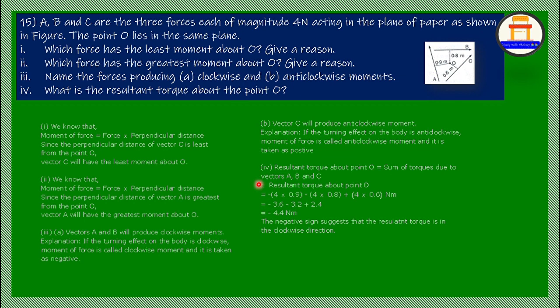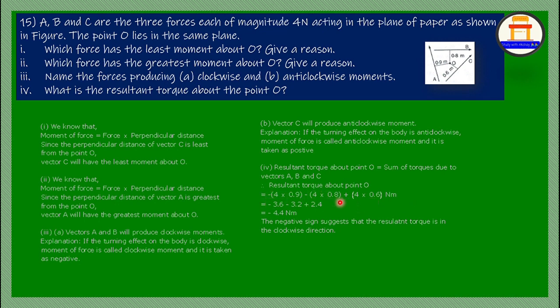Sum of moment of force, basically, the resultant torque will be minus 4 into 0.9 minus 4 into 0.8 plus 4 into 0.6. Basically, these are the perpendicular distances, and 4 Newton is the force. So 4 Newton force remains the same, but the perpendicular distance changes.